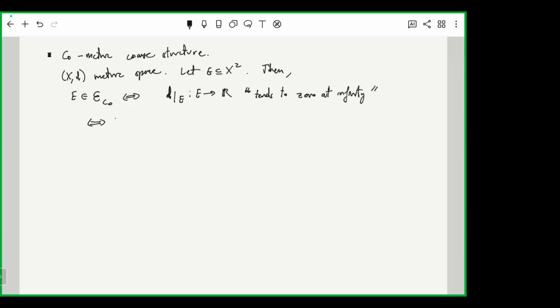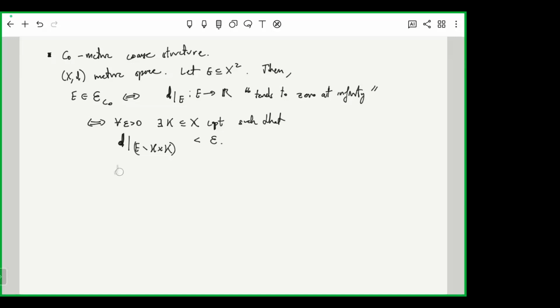So what I want to say here is for every epsilon, there exists a compact subset K such that the restriction of the distance function to E minus K times K is less than epsilon.